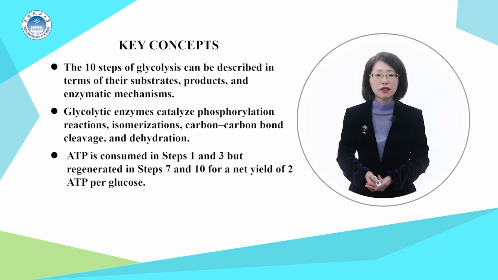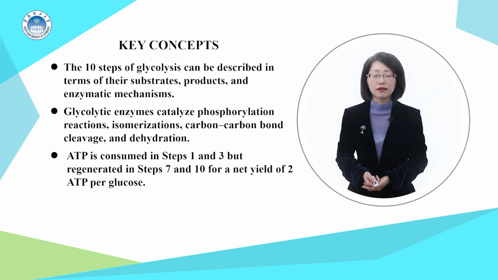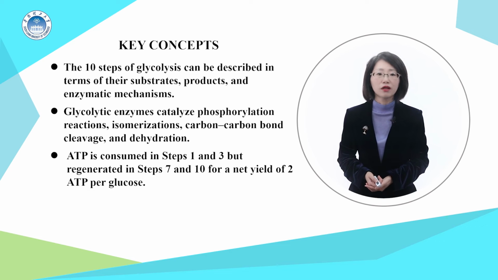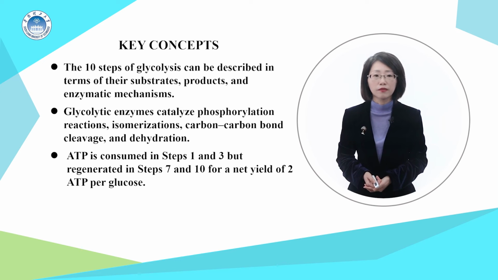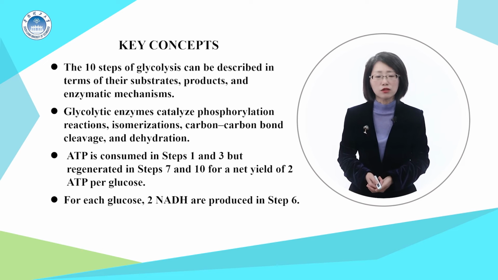ATP is consumed in steps 1 and 3, but regenerated in steps 7 and 10 for a net yield of 2 ATP per glucose. For each glucose, 2 NADH are produced in step 6.